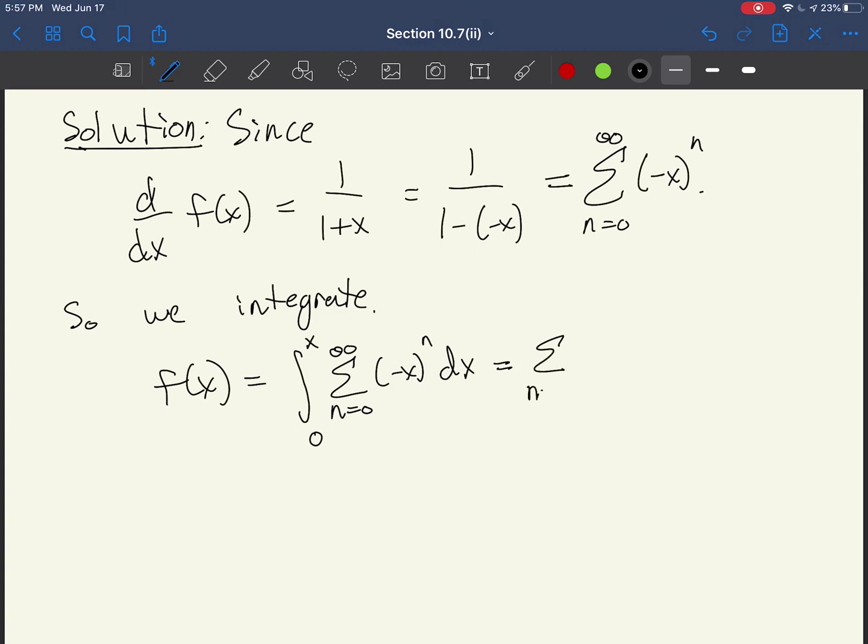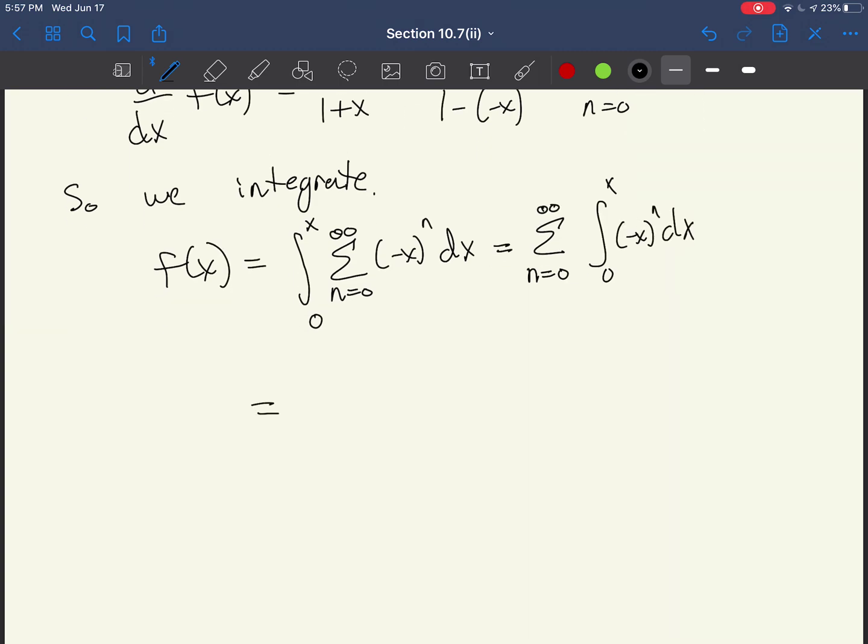The theorem that I said is that we're going to integrate this term by term. So that is the same thing as saying the sum from n equals 0 to infinity of the integral from 0 to x of negative x to the n dx, which is the sum from n equals 0 to infinity of, add 1 to the exponent, you get n plus 1, and then divide, you get negative x to the n plus 1.